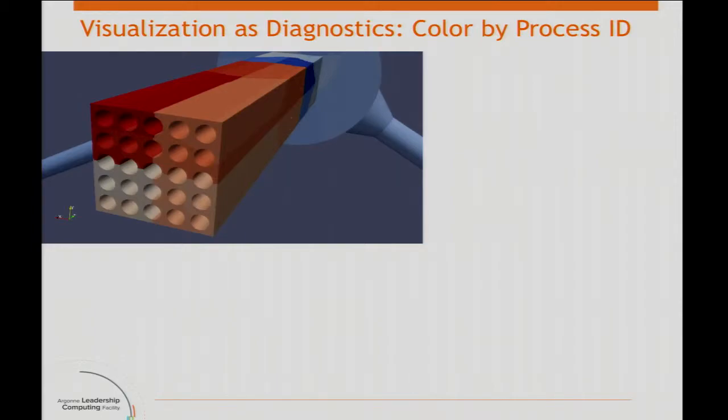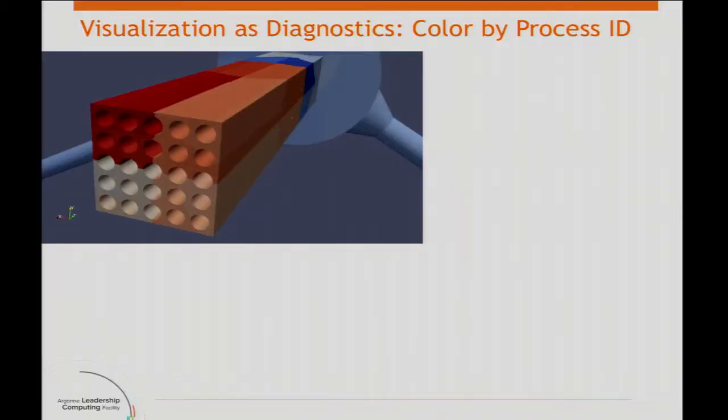And then this is just another quick example of looking at how the data is laid out. So within ParaView and VisIt, I think Dave showed an example of this earlier, you can color the data by the process ID of the process that's working on the data. And so this is another simulation where we looked at a large number of elements, and we were trying to figure out the optimal decomposition of the elements across all the processes.